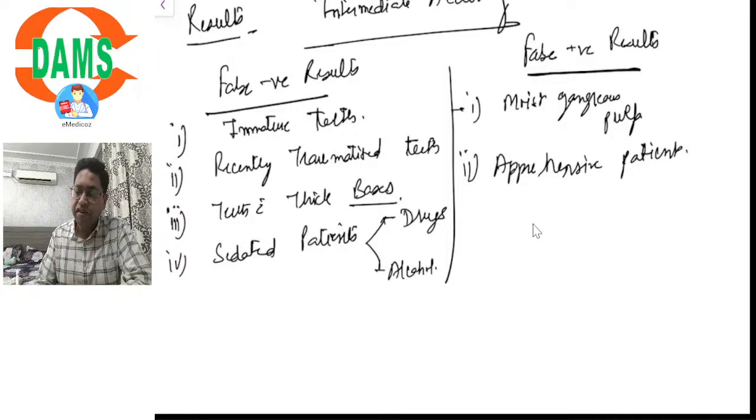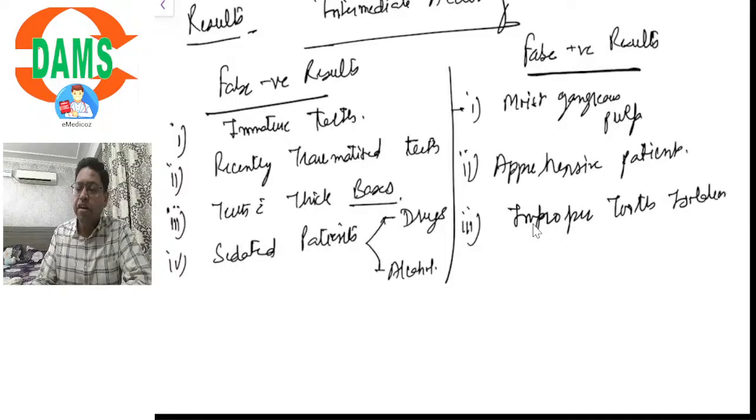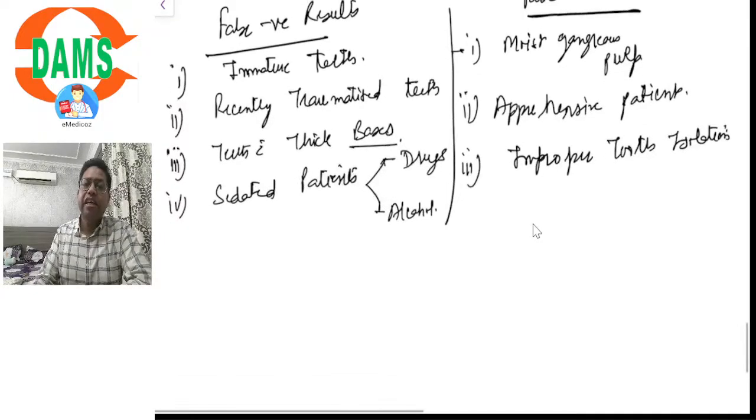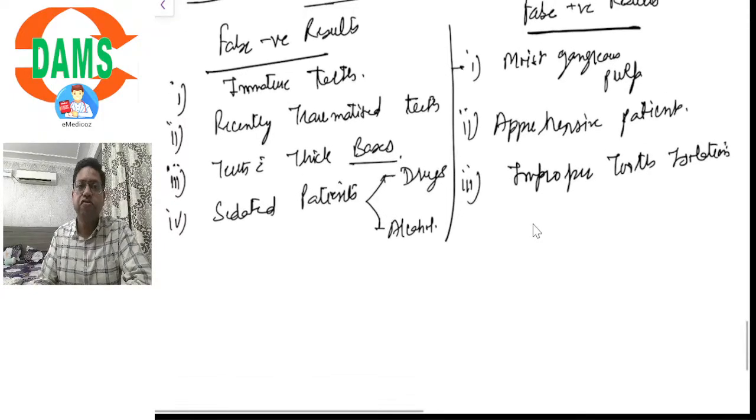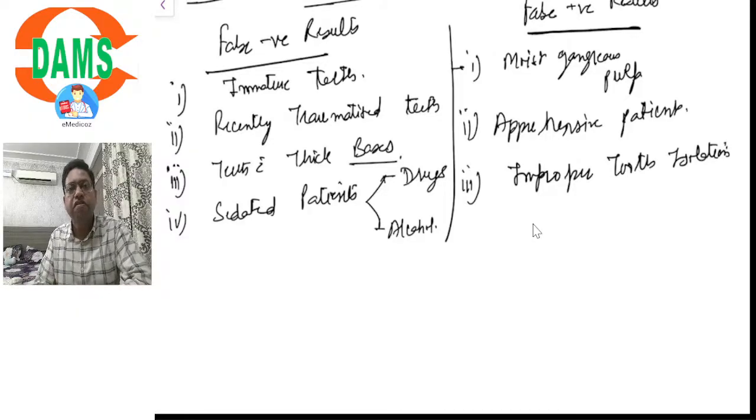Apprehensive patient. Then we have improper tooth isolation. If we do not isolate the tooth, the current can be conducted to the adjacent healthy tooth and the patient would report pain and we would falsely assume the pulp to be viable. So these are some of the clinical conditions that give rise to false negative and positive results.